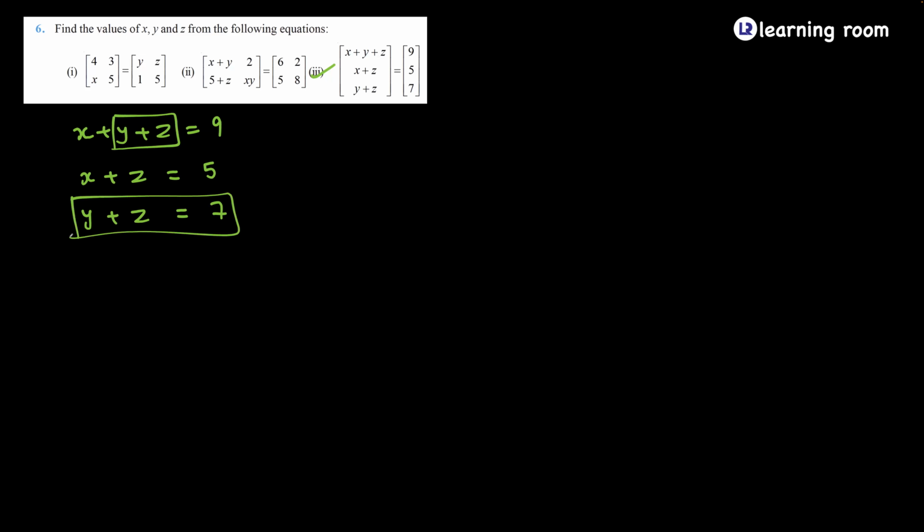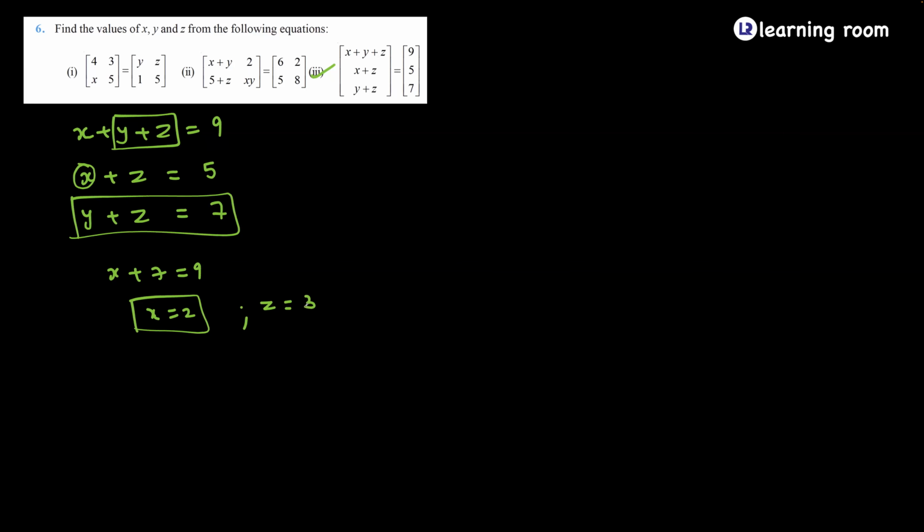So the next question is, x plus y plus z is equal to 9. Similarly, x plus z is equal to 5 and y plus z is equal to 7. Right? Now, when you take this y plus z, how much is the value of y plus z? Take it and substitute it here. So x plus 7 is equal to 9. X will be equal to 2. When x is 2, substitute it in the second equation. z will come out to be 3. Right?